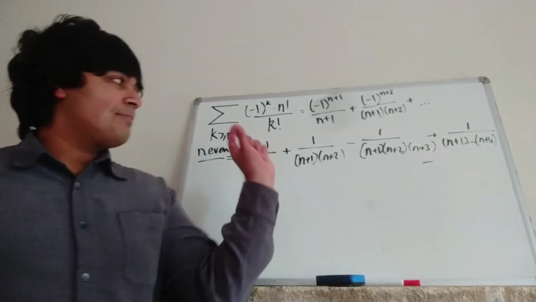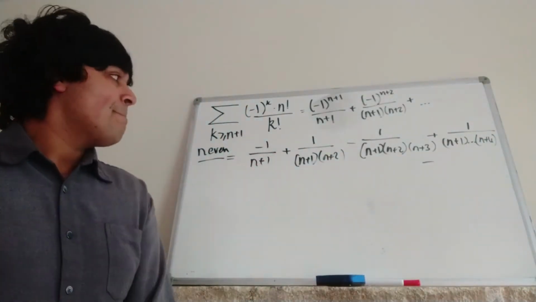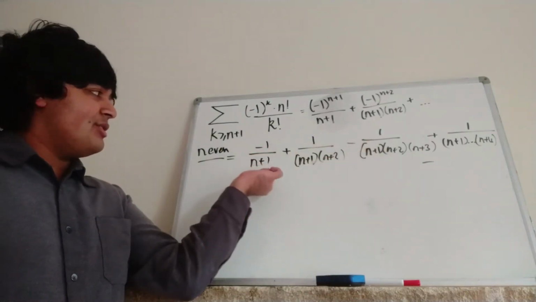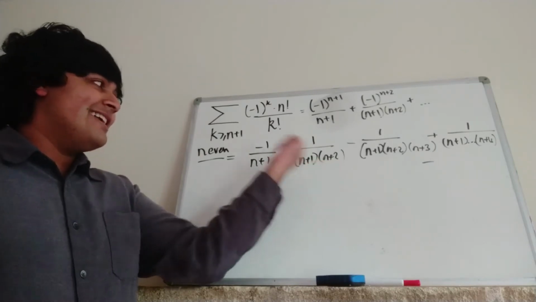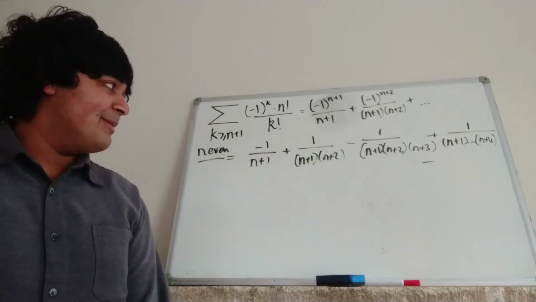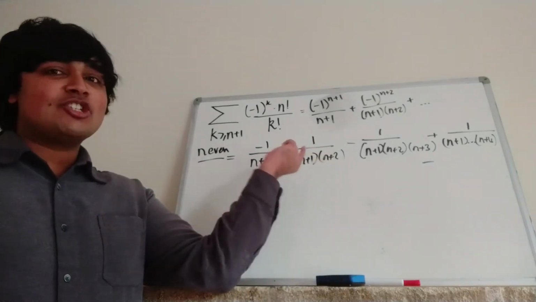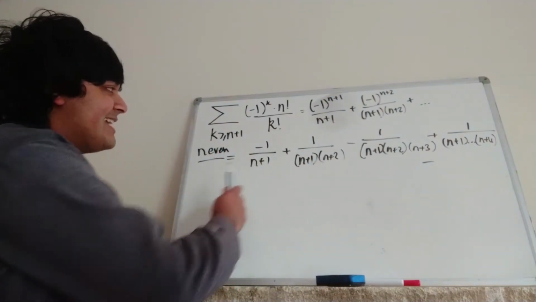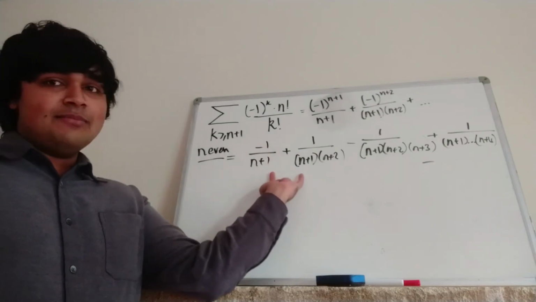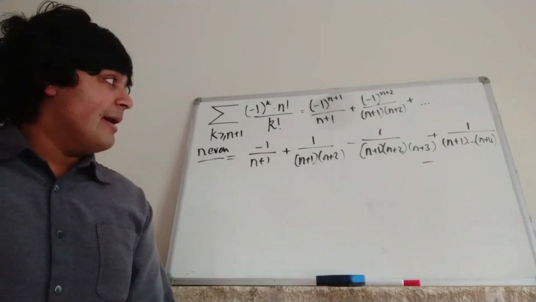So we're getting minus, plus, minus, plus, minus, plus, but notice that the magnitude of this guy here is 1 over n plus 1, and the magnitude of this guy here is 1 over n plus 1 times 1 over n plus 2. So the magnitude of this guy is strictly less than the magnitude of this guy. But because we're looking at the negative of this, when I add these two terms together, I'm going to get a negative number.